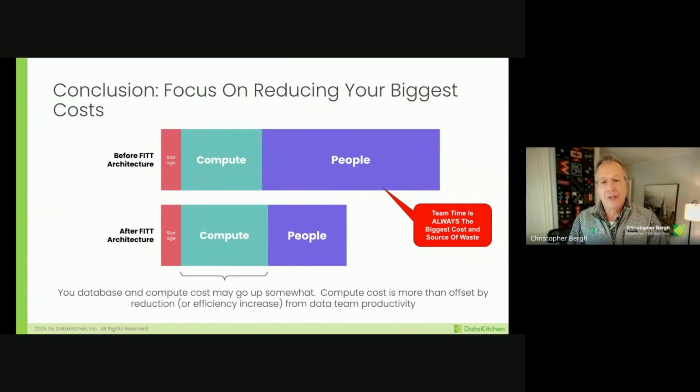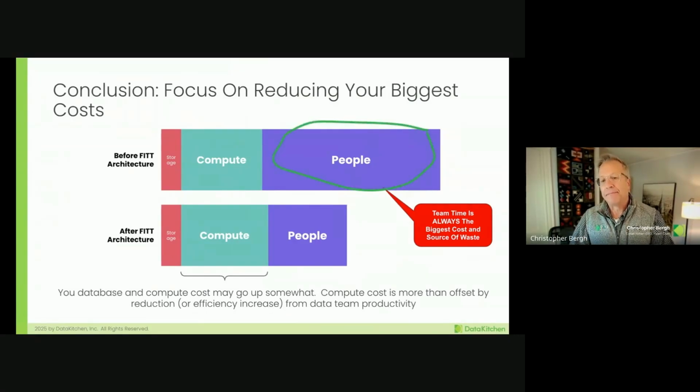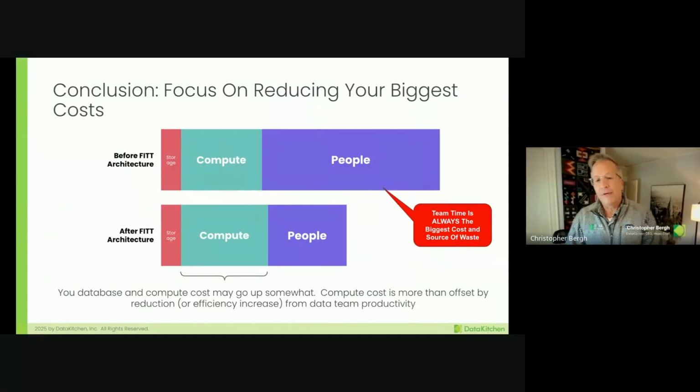So your biggest cost is people. So if you want to save money or get more productive with the same amount of money, really that's this area, the people area, is your biggest lever. And so I'm saying, well, this extra cost and doing some more full builds that you normally wouldn't do is going to save so much time on your people that it's going to end up being a benefit.